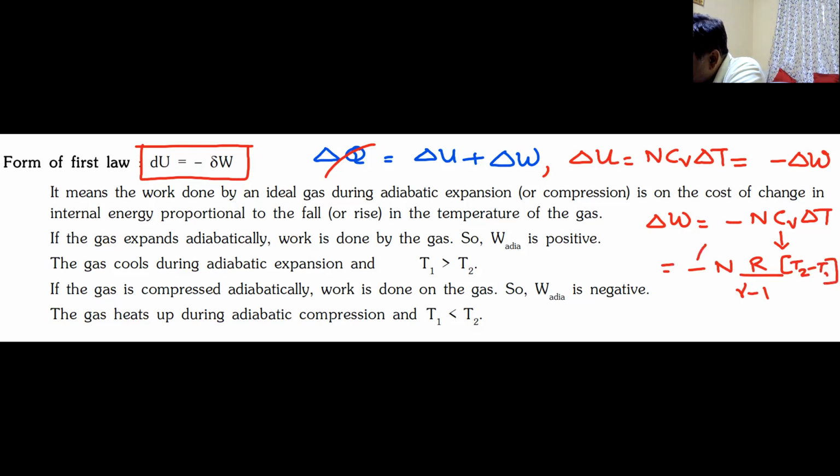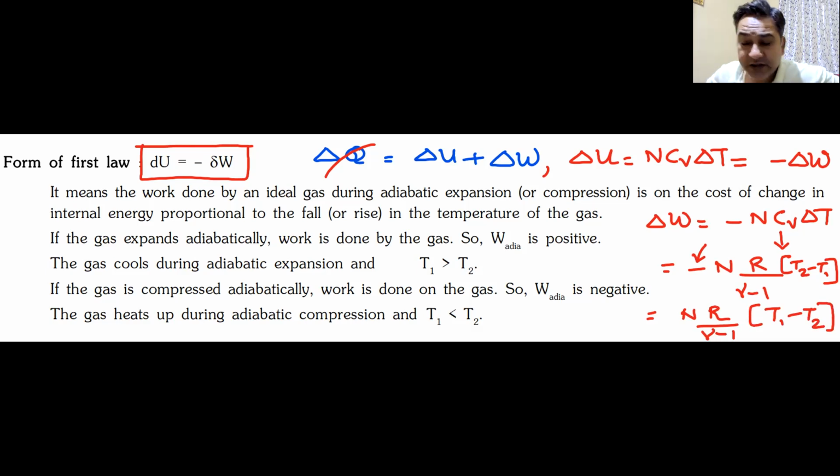We have a negative sign here. This negative sign goes inside, and we get nR upon gamma minus 1 into T1 minus T2. Instead of writing it as nR into T1 minus T2, you can write it as P1 V1 minus P2 V2.